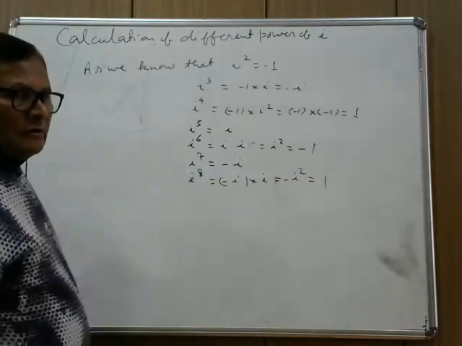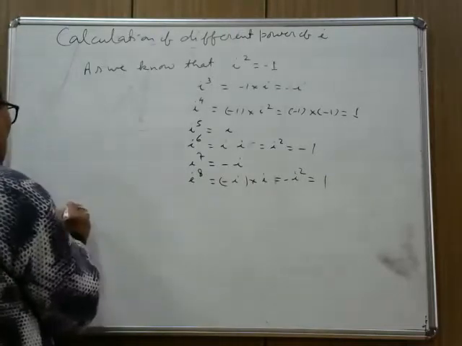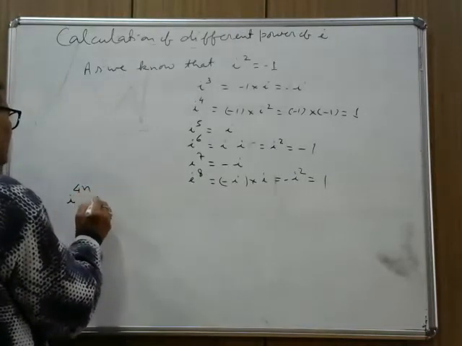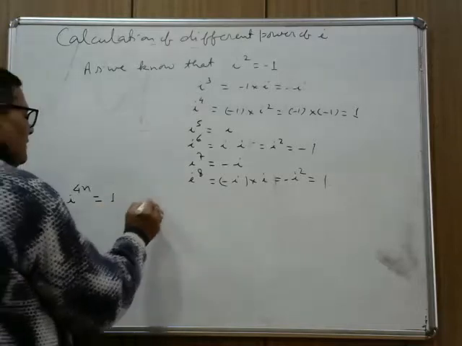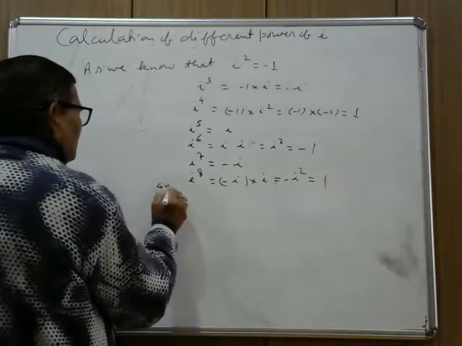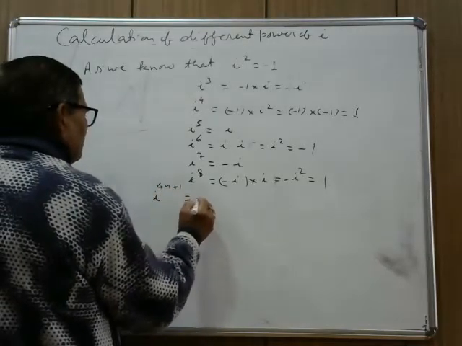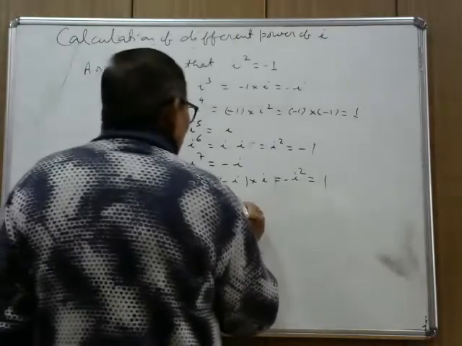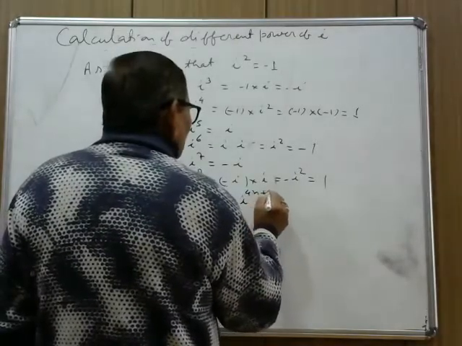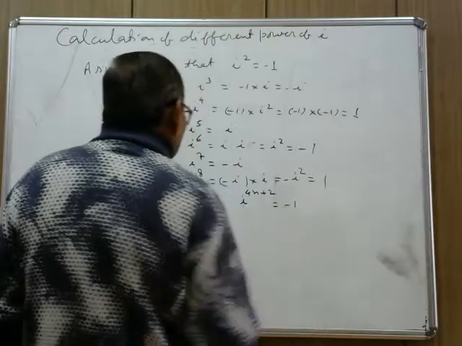So we can conclude that i to the power 4n equals 1. i to the power 4n plus 1 equals i. i to the power 4n plus 2 is minus 1.